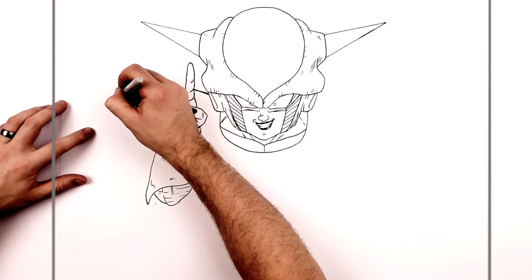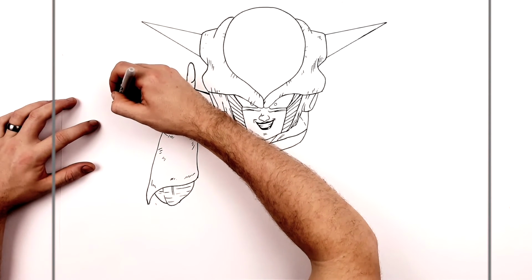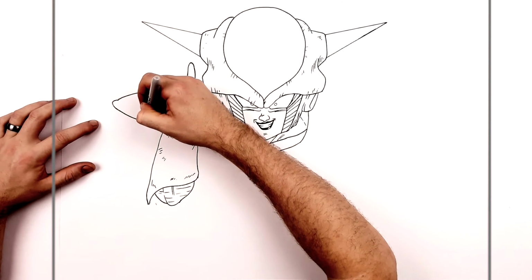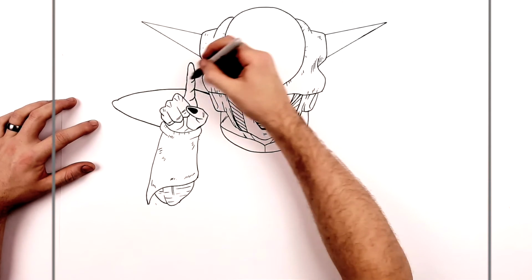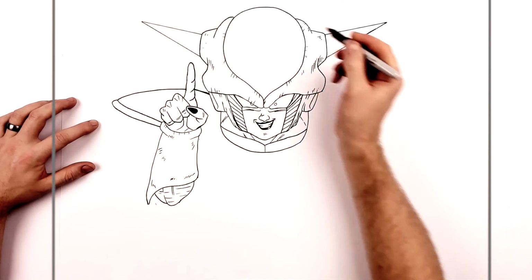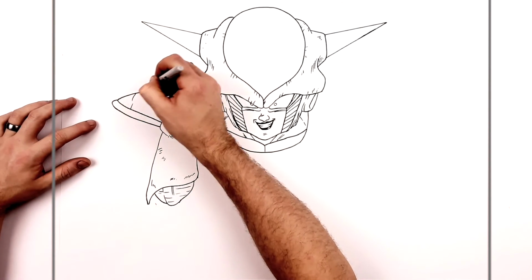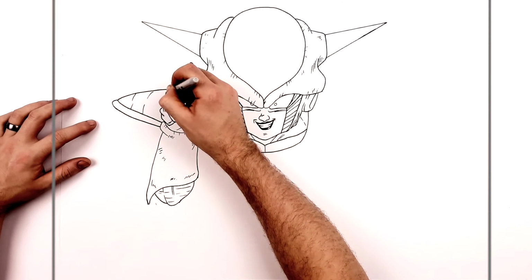This has a bump on the back of it, and it will go behind his hand, and another side there. And then this has texture lines on it as well.